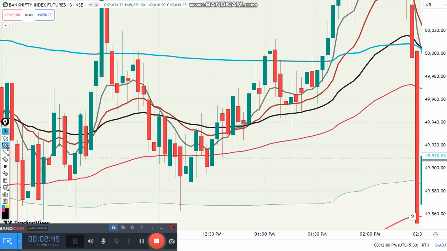No trade here actually, because of the crossover of 21 and the distance of the candle is too far.